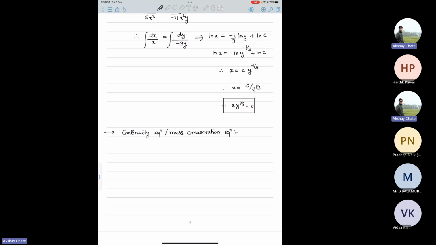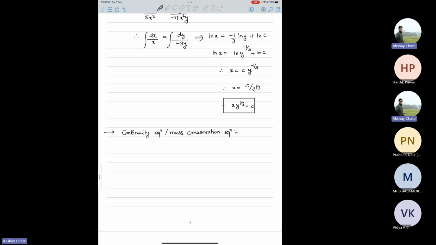So I'll just write a general equation of conservation of mass. If you remember, in the RTT we did this only, where we took beta equal to 1, and then it becomes volume integral of rho d volume plus surface integral of rho v dA equal to 0.